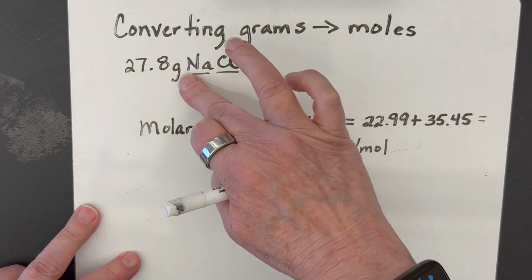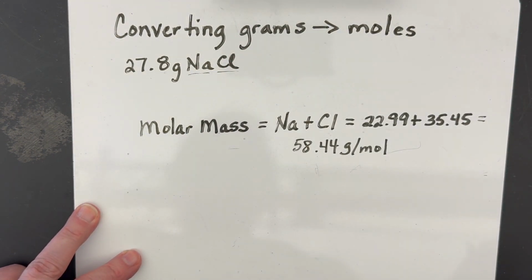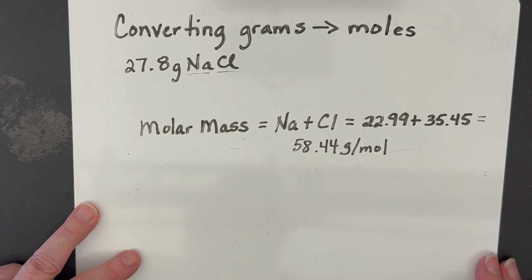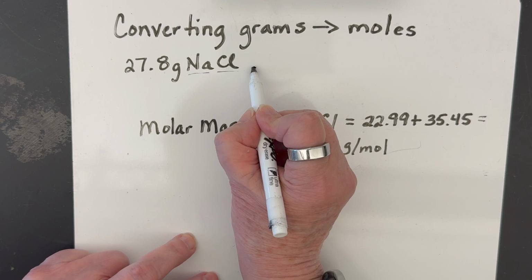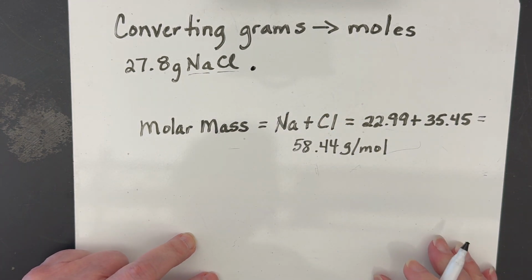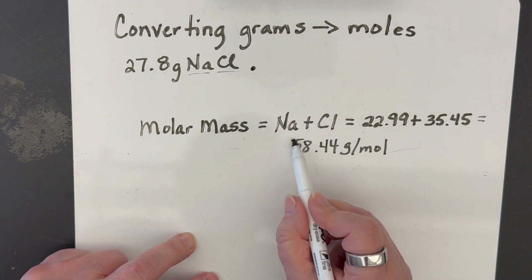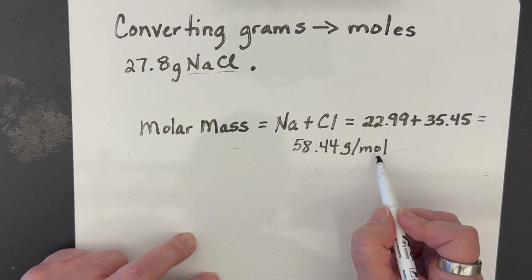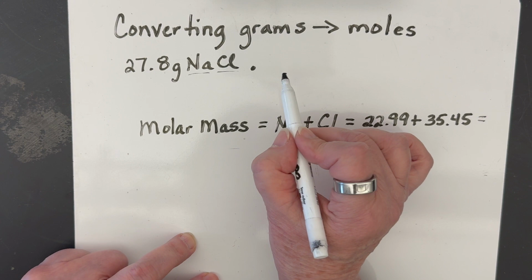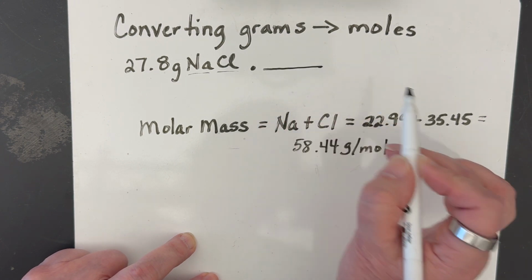So in our problem, we were given 27.8 grams of NaCl. So we need a conversion factor. So we're going to multiply by our conversion factor. And we know that there are 58.44 grams in 1 mole. We want the units to cancel, so we're going to put grams on the bottom.